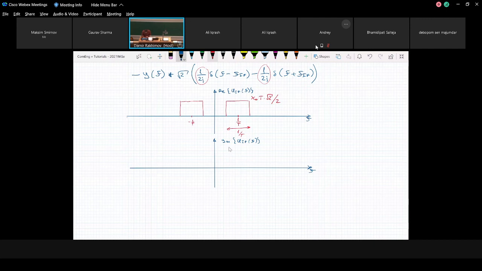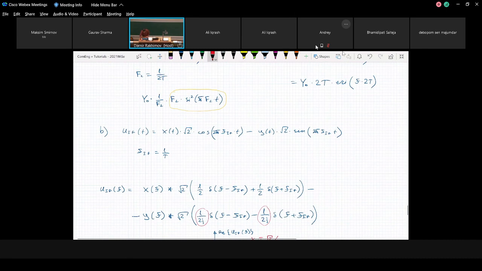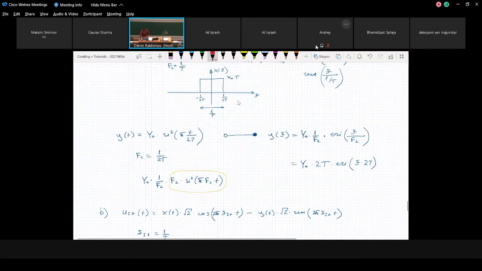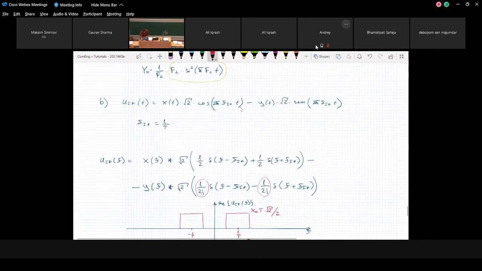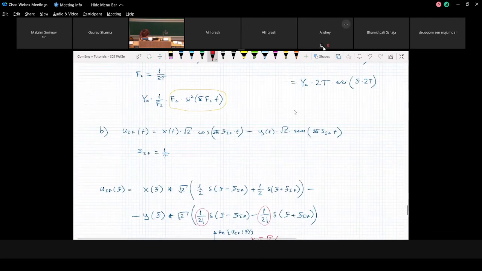Let's say we have the same intermediate frequency. Of course, we have the same 1 over capital T, and we have minus 1 over capital T, but we have a different signal. We didn't plot it, but it will be a triangular function.